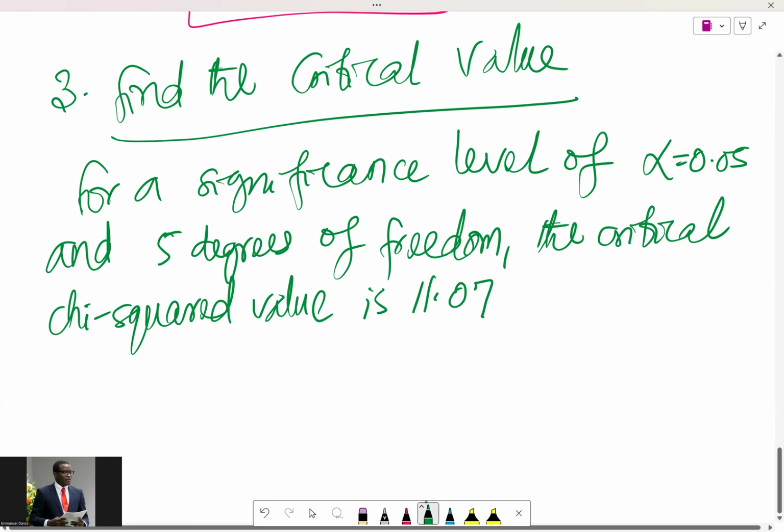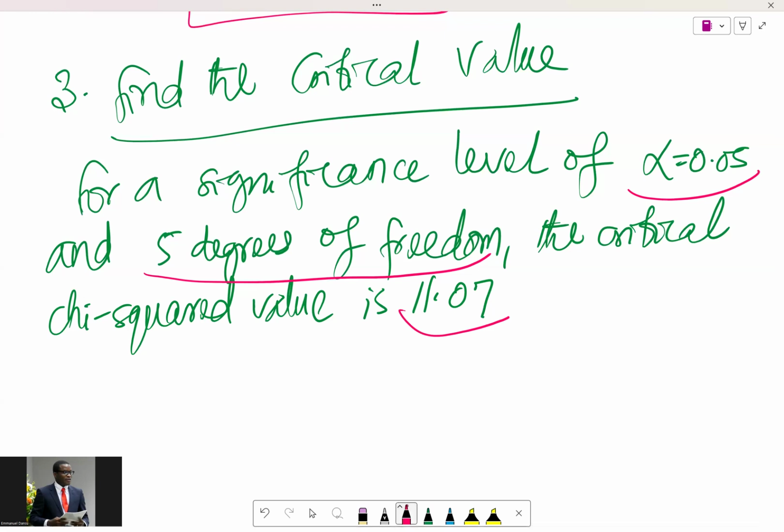If you check your table using this value of alpha, which is 0.05, and degrees of freedom, which is 5, you're going to get 11.07. So that's the critical value.